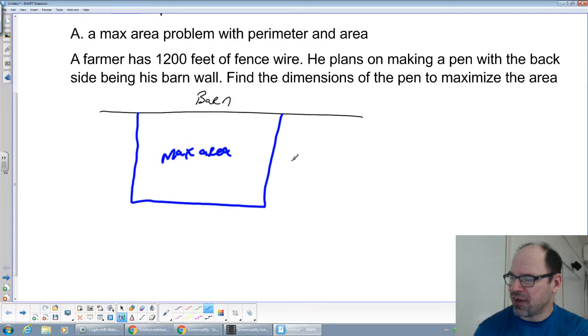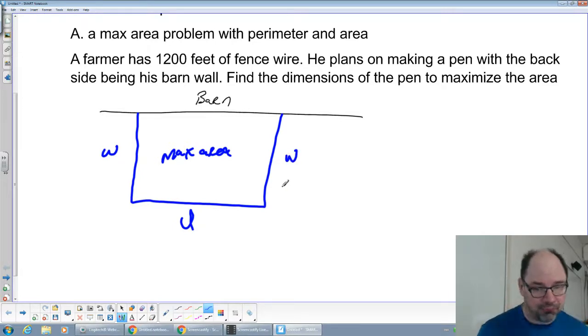I need it to be some width and some length here. This will also be a width. Okay, so what we have is we have two equations to look at here. We have an equation for the area. We have an equation for the fencing perimeter.